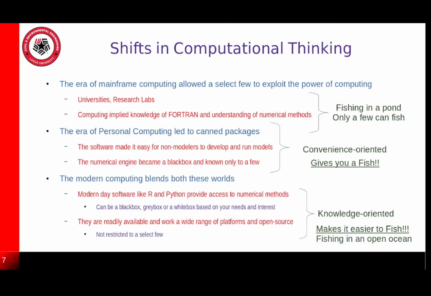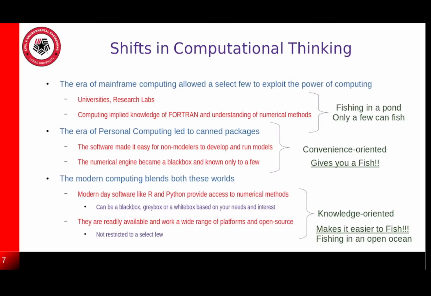The modern computing era blends both of these worlds. Modern-day software like R and Python provide access to numerical methods, so you can engage with numerical methods completely as a black box, using built-in functions or available libraries, or as a white box, where you can write everything from scratch.